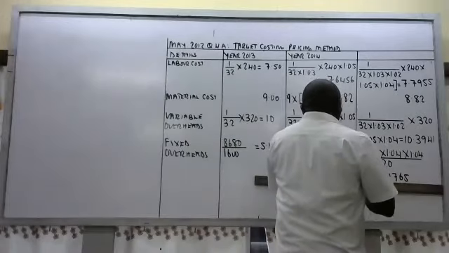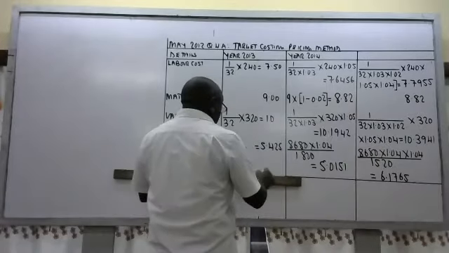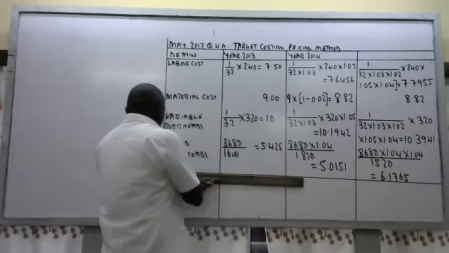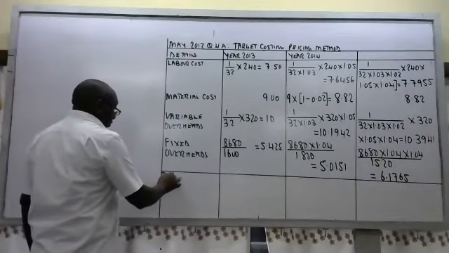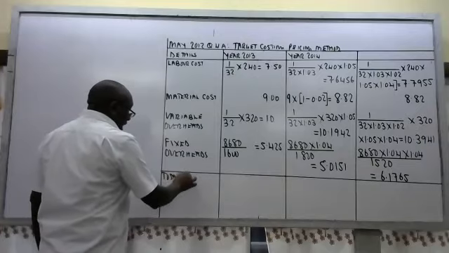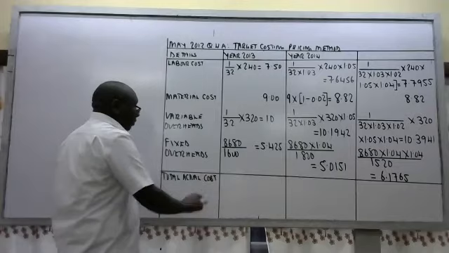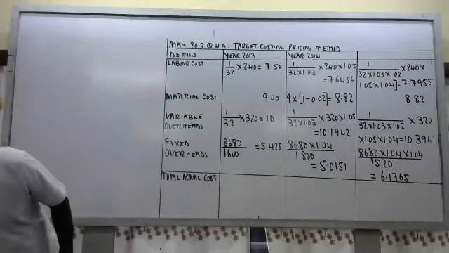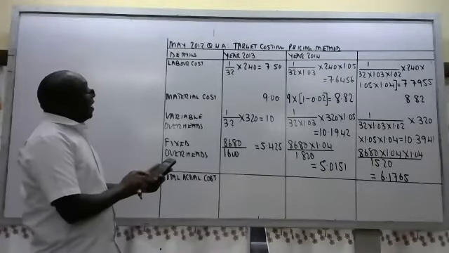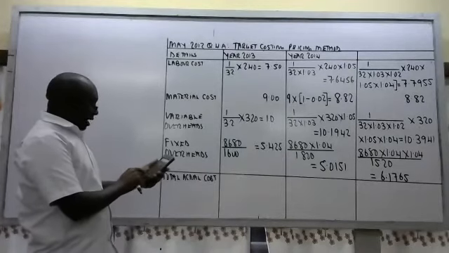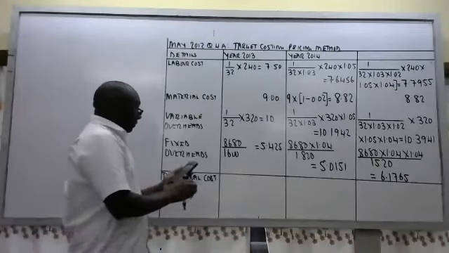So with that, we are able to come down here and get what we call total actual costs. Here you say it is 7.5 plus 9 plus 10 plus 5.425.